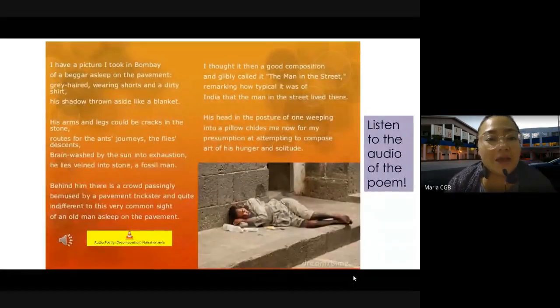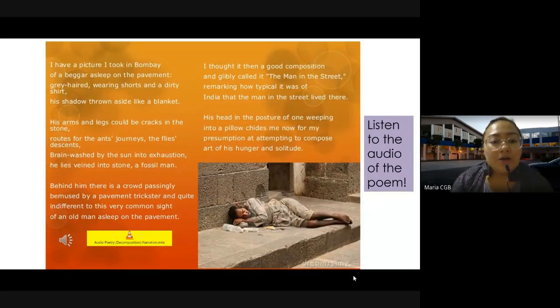Now let's just dive in reading the poem by Zulfikar Ghose, Decomposition. I have a picture I took in Bombay of a beggar asleep on the pavement, grey haired, wearing shorts and a dirty shirt, his shadow thrown aside like a blanket.